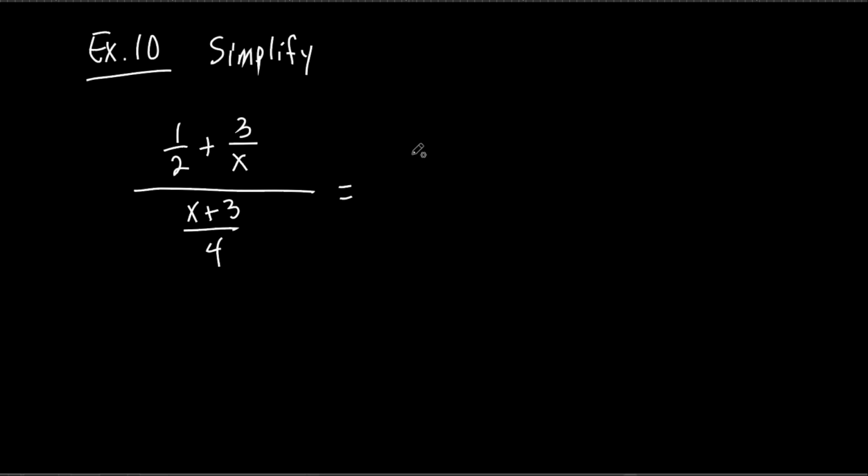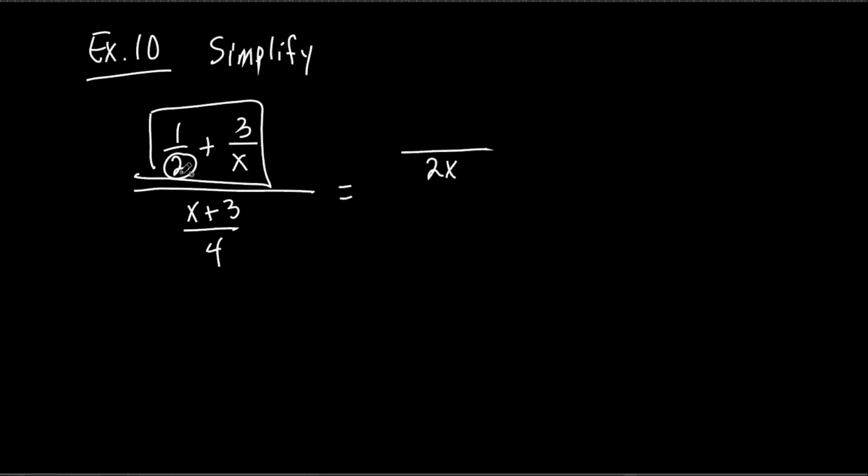So let's add these together. I'm taking this and I'm adding those fractions. So what do I need to add fractions together? I need a common denominator. And what would that be in this situation? A 2x, that's right. We've been doing that recently. Now remember, every single time we do this, ask ourselves, what did we multiply 2 by in order to get to 2x?